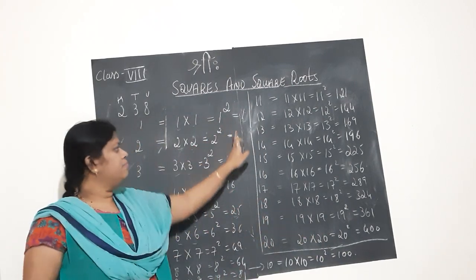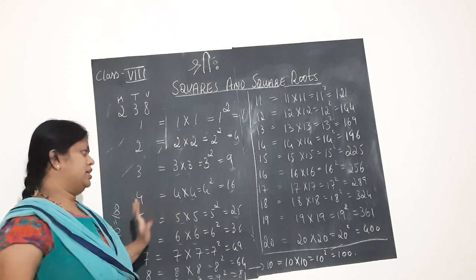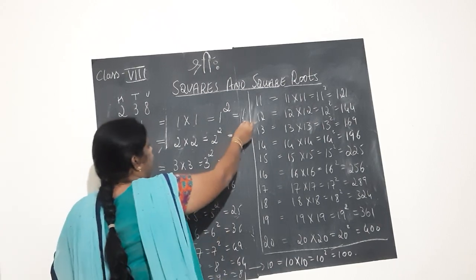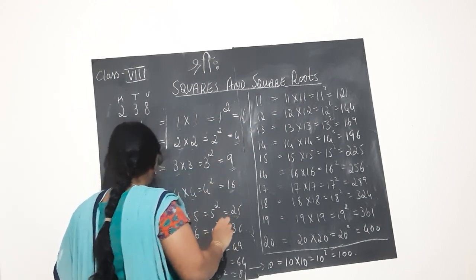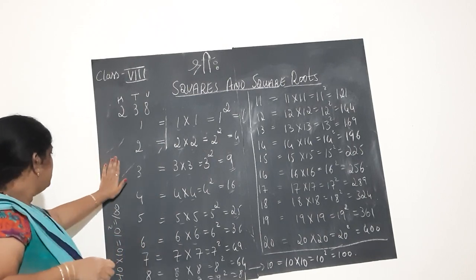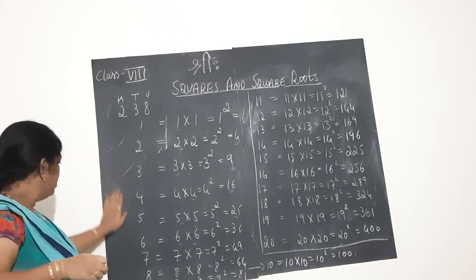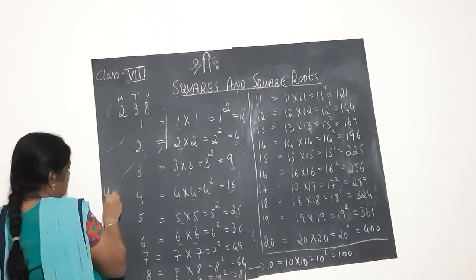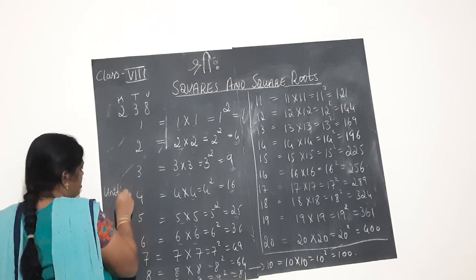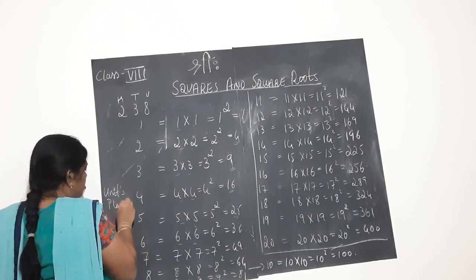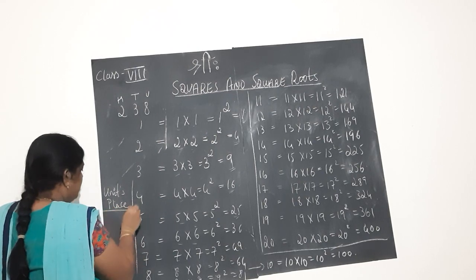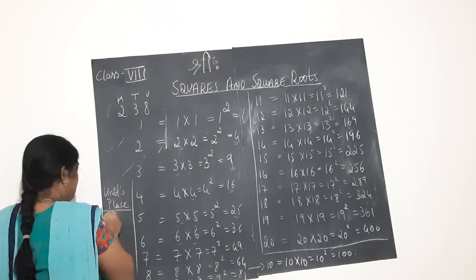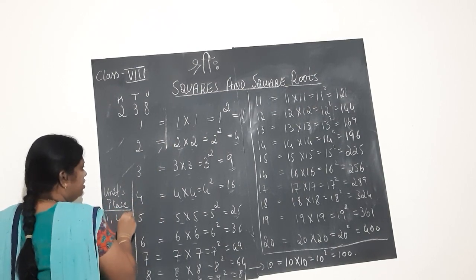Look at the units place of all these perfect squares and just find out the number. If only single numbers are there, that itself is in the units place, don't worry. So here 1 is in the units place. What I will do, children, is prepare the list of the numbers in the units place. Here I have space. I am listing the numbers in the units place, which are 1, 4, 9.